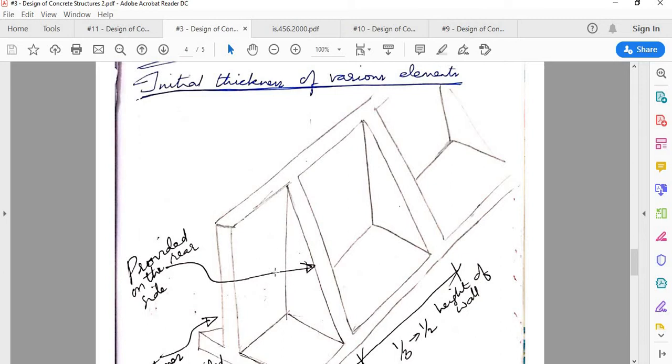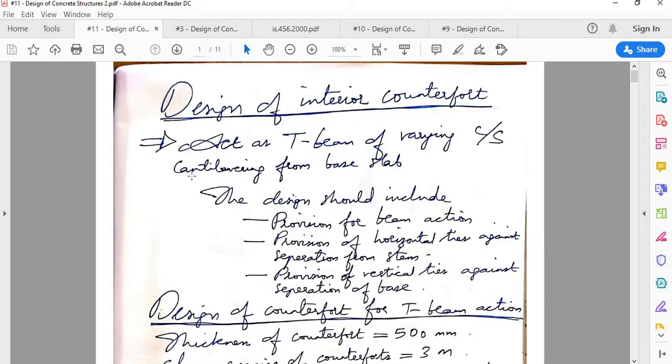That should be designed for, and also this heel slab is subjected to downward pressure everywhere. So there is a similar chance of the junction between counterfort and heel slab to detach. So we need to provide vertical stirrups as well, so that it can achieve the same purpose as the horizontal stirrups connecting vertical stem and counterfort. Those are the three things we have to design for the counterfort retaining wall.